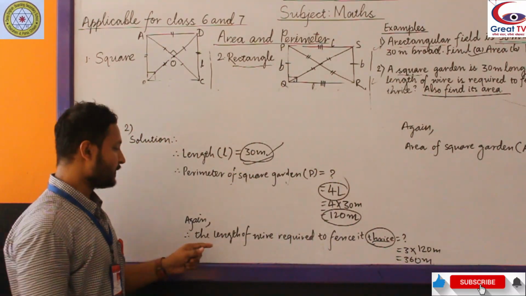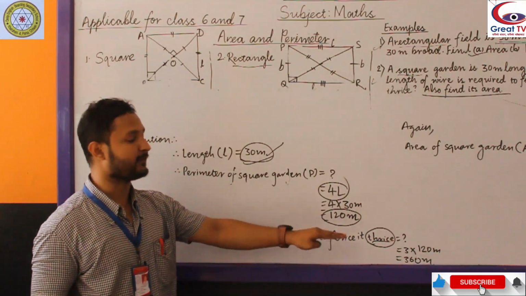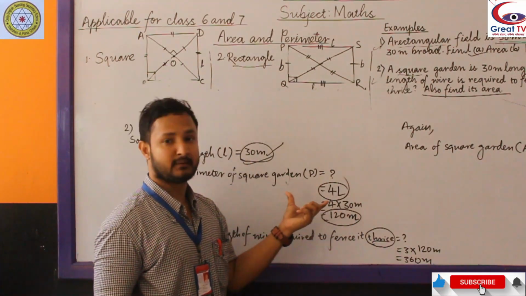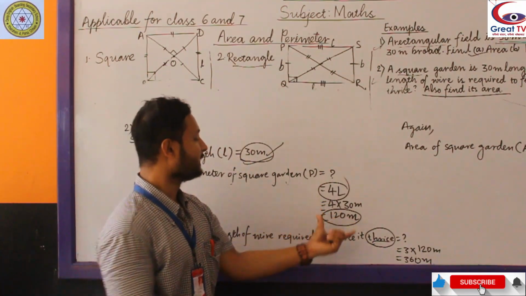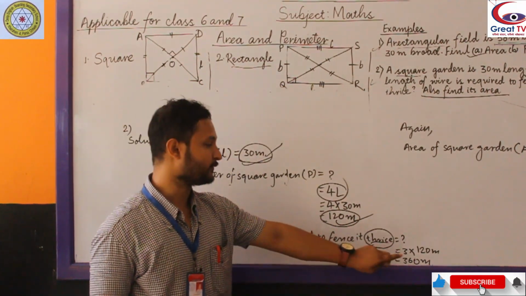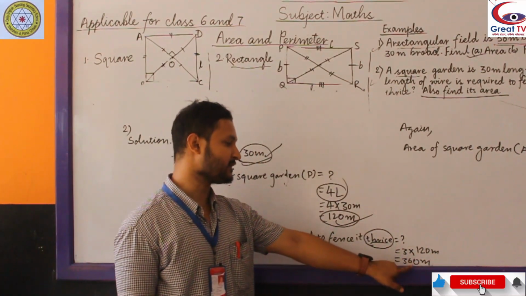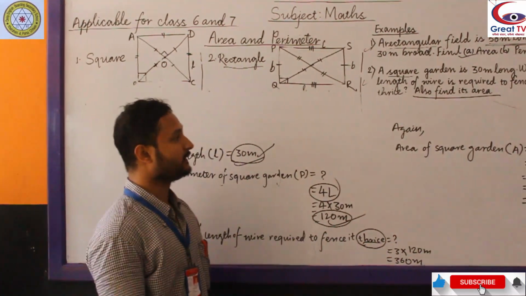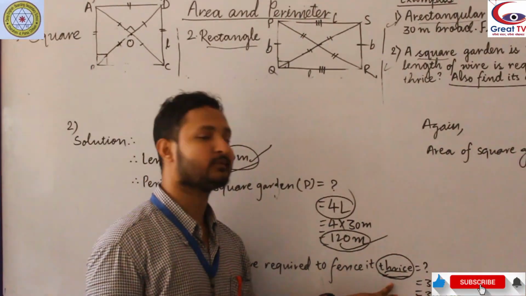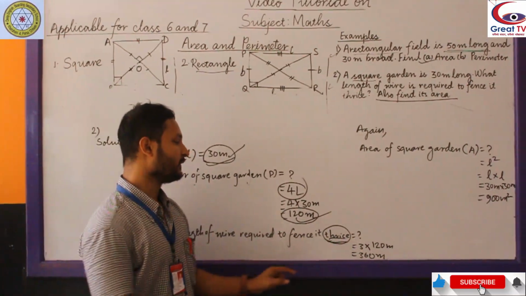So now we can easily find the length of wire required to fence it thrice by multiplying the given perimeter by 3. So 3 times of 120 meter, we get 360 meter. Why 3 times? Because the word thrice is used here. If the word twice was used, then we have to multiply by 2.